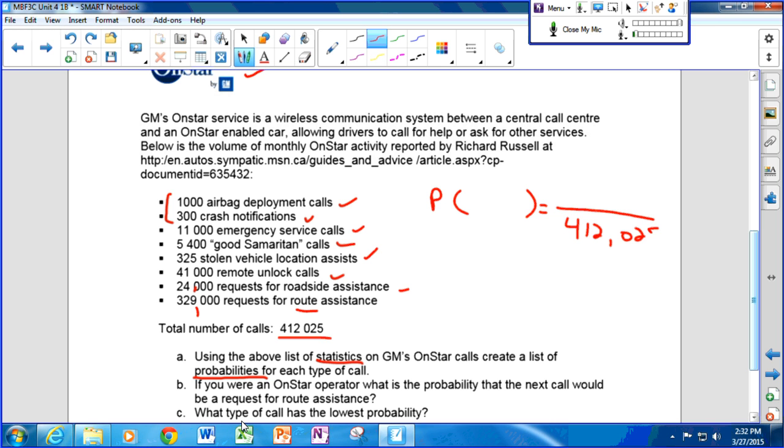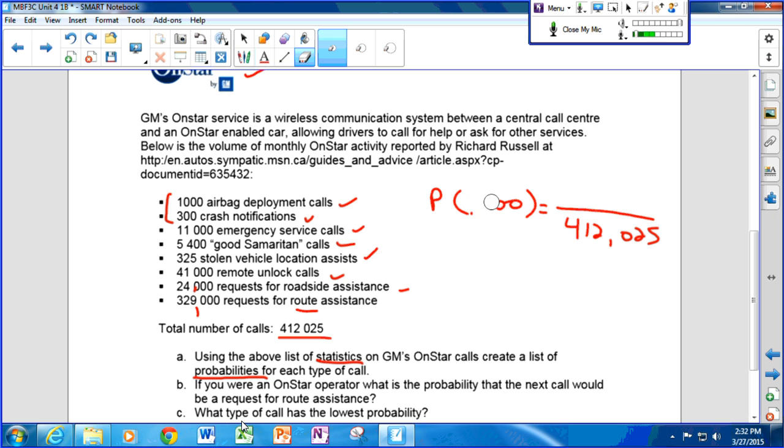So if I wanted to know what is my probability of having an airbag deployment call, right? There's an operator sitting there at OnStar, there's a bunch of them. What is the probability that a call will be related to an airbag deployment? Well, okay, sort of tipping my hand a little bit here.